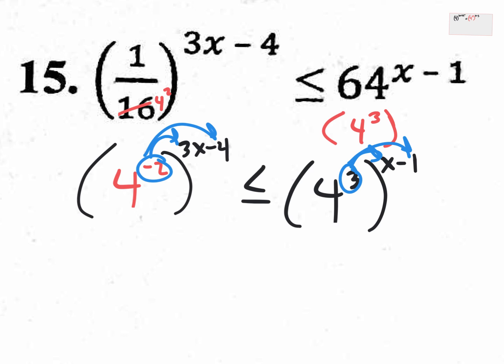Negative 2 times 3x is negative 6x. Negative 2 times negative 4 is positive 8. Bring down the inequality. 3 times x is 3x. 3 times negative 1 is negative 3. And jump right into the inequality that you're going to solve. Does that make sense? Instead of rewriting everything over the base 4, I just eliminated them, distributed, and wrote my new inequality, and you continue solving from there.